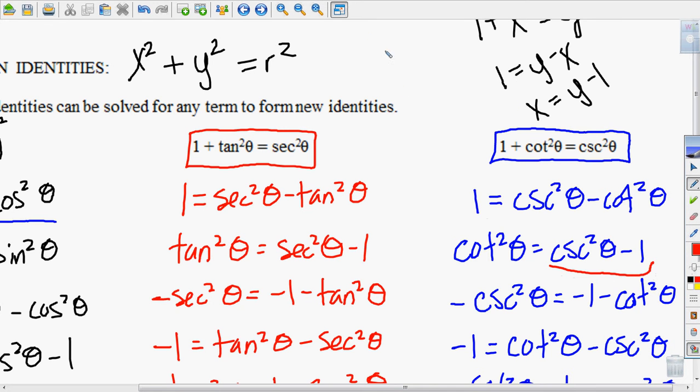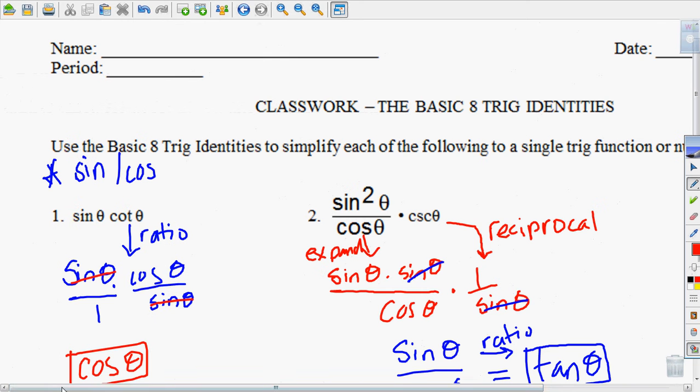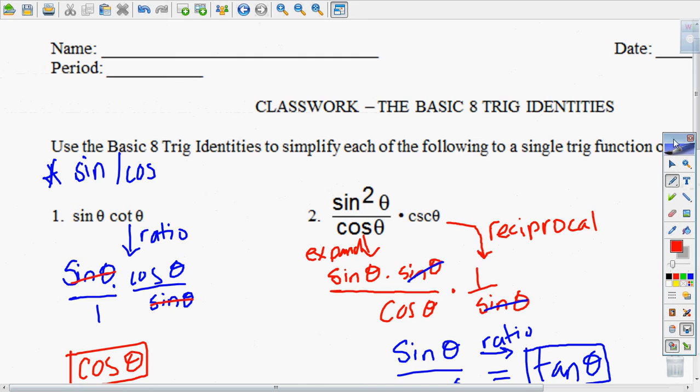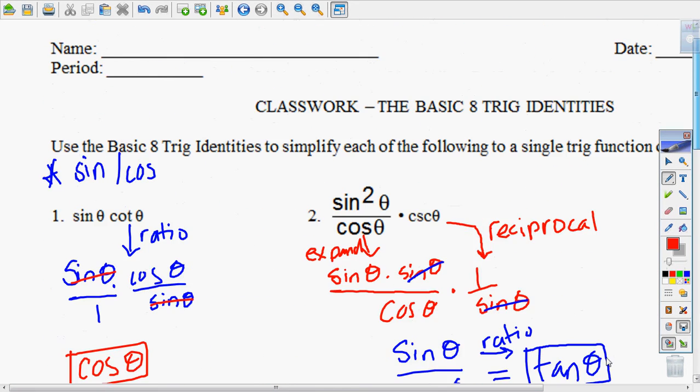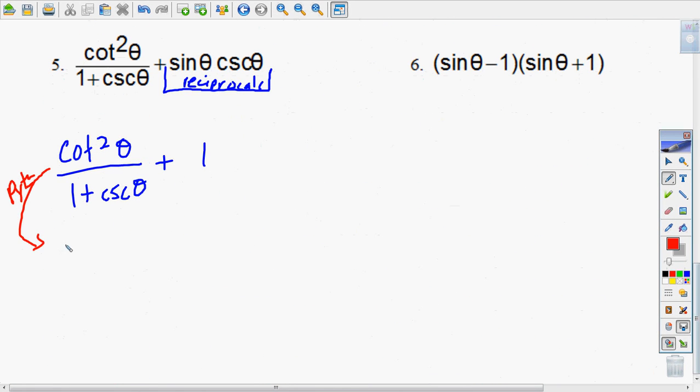So I can substitute that in, and the reason I'm going to substitute that in is because I already have cosecant theta there. So this becomes cosecant squared theta minus 1 over 1 plus cosecant theta.